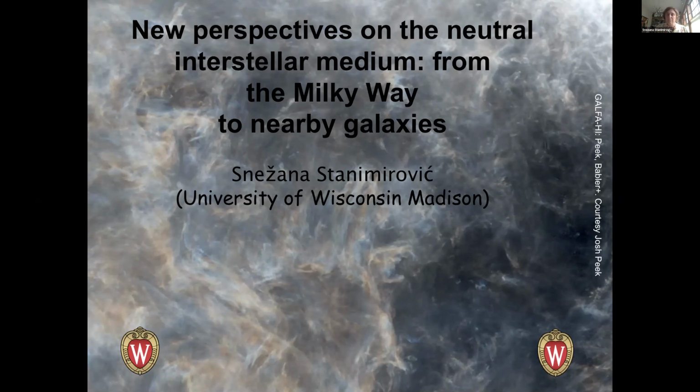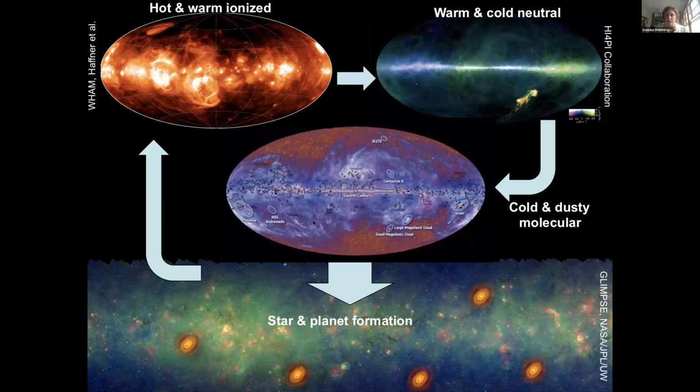So just to start with the background, we all know that the neutral atomic gas plays a very interesting role in terms of the global evolution of galaxies. And it's centered in between the hot and warm ionized medium and the colder and denser molecular gas.